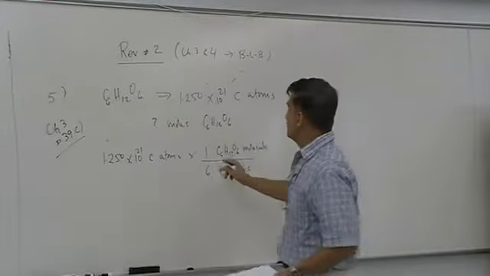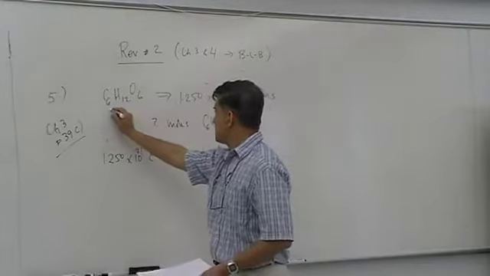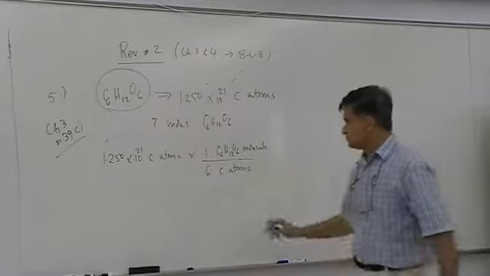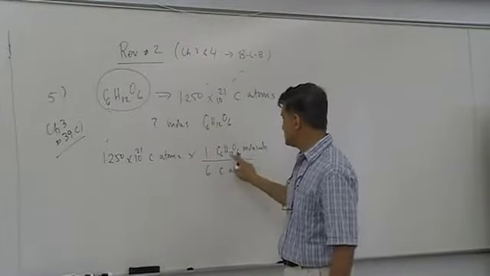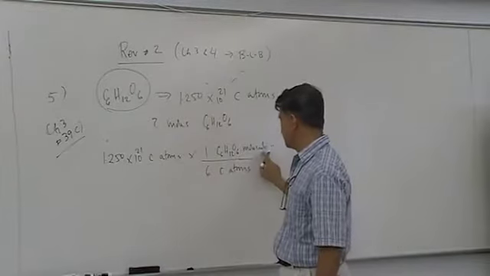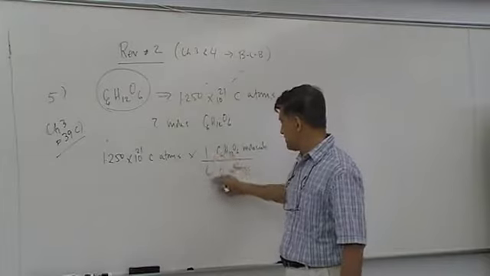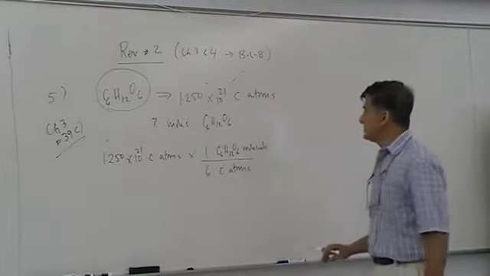You can see here, if I have 6 carbon, that would give me the whole molecule. So 6 carbon atoms is contained in a C6H12O6 molecule. In other words, 6 carbon atoms makes 1 molecule of C6H12O6.